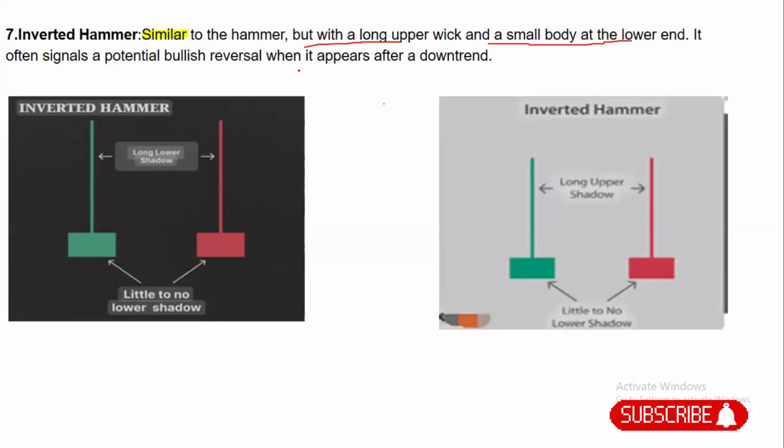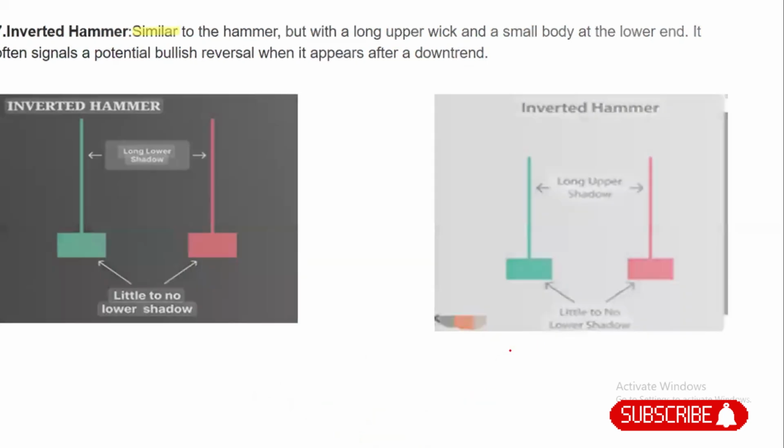So you can see it here, and it signifies that there is a potential bullish reversal when it appears in the downtrend. And when you see an inverted hammer in a downtrend in a value area, it signifies that there is a potential reversal to the upside, right?